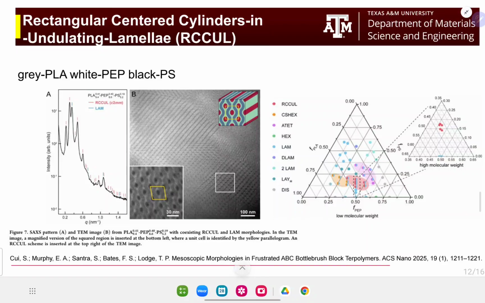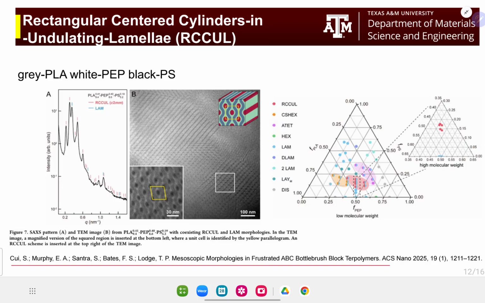By combining SAXS indexing and TEM imaging, the RCCUL phase was characterized with unit cell parameters where A is approximately equal to B, similar to the TEM image of CSHEX. A slight deviation from 90 degrees in the unit cell angle was noted.